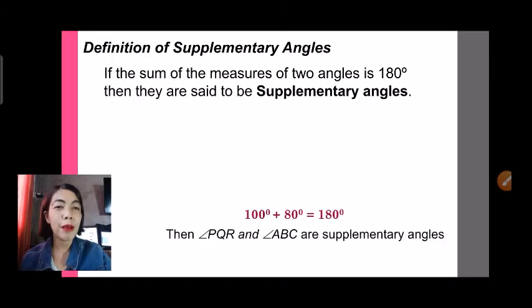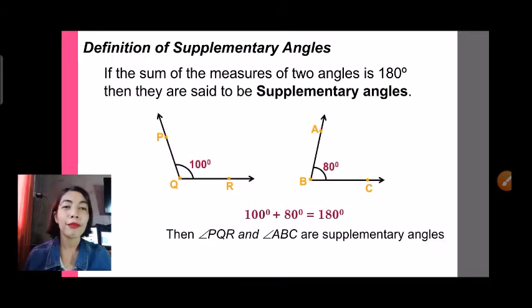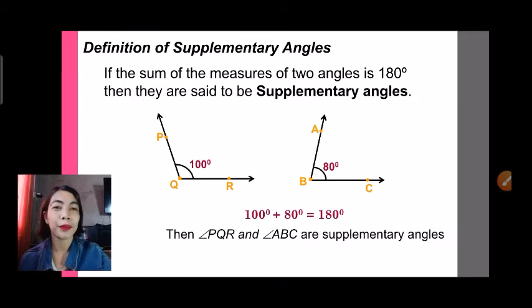So, in this example, angle PQR and angle ABC are supplementary angles because the measure of angle PQR is 100 plus the measure of angle ABC, which is 80 degrees, is 180 degrees. Yun. So, pwede magkahiwalay din ang supplementary angles.